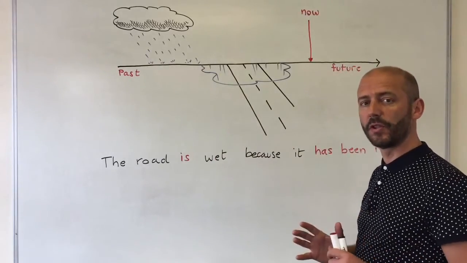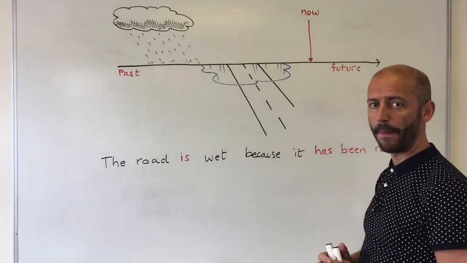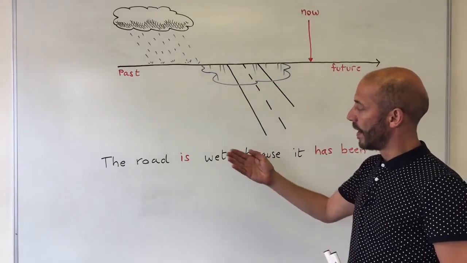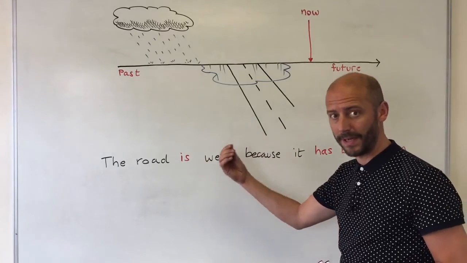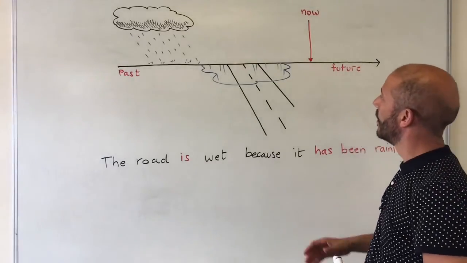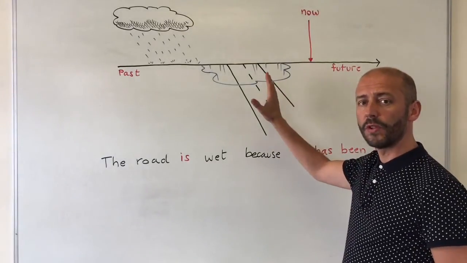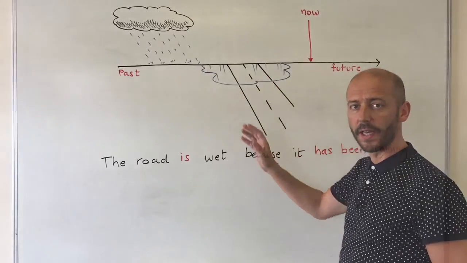I now want to describe this situation from here. And this is where present perfect becomes past perfect. The road was wet because it had been raining.